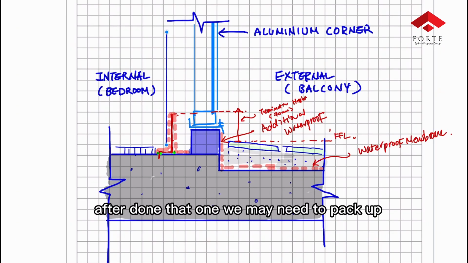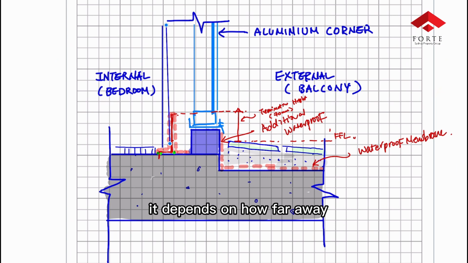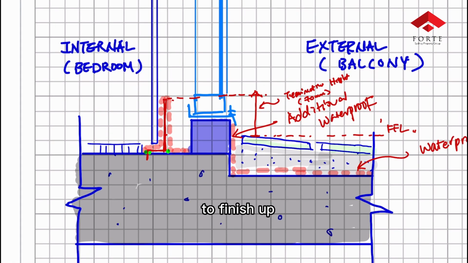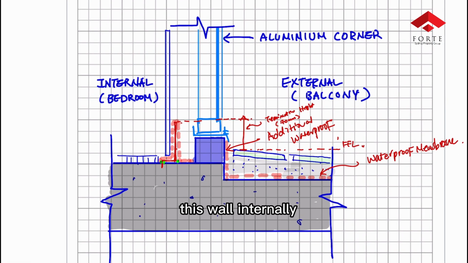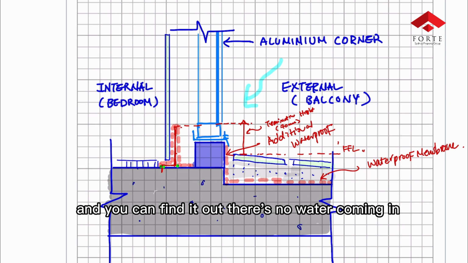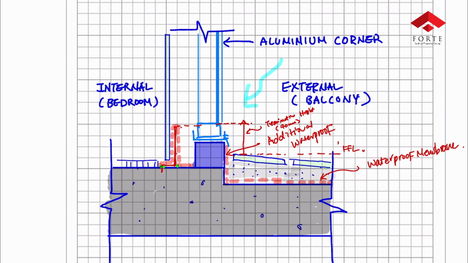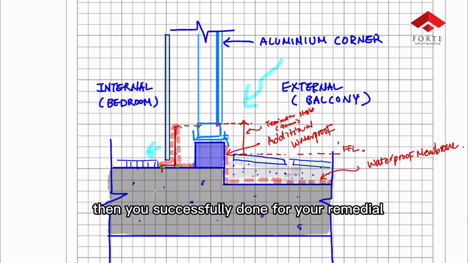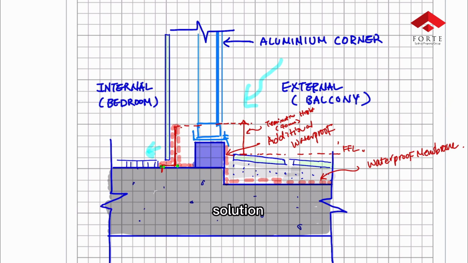After that, we may need to pack out, depending on how far away the finish of this wall is internally. Now you may do a water test again from the external, and if you find there's no water coming in, then you've successfully completed your remedial solution.